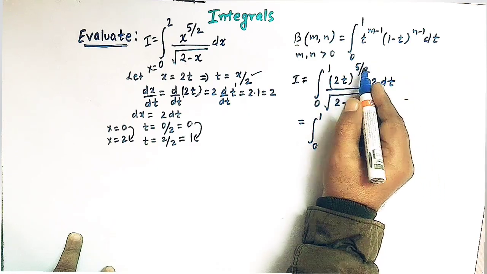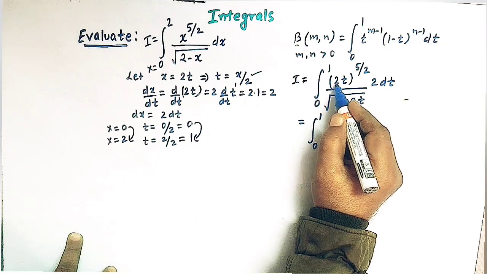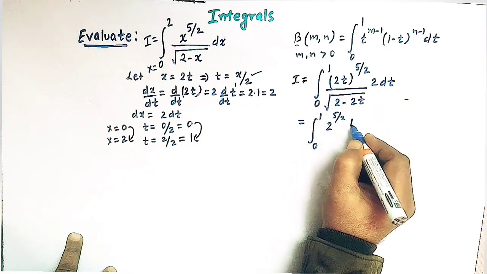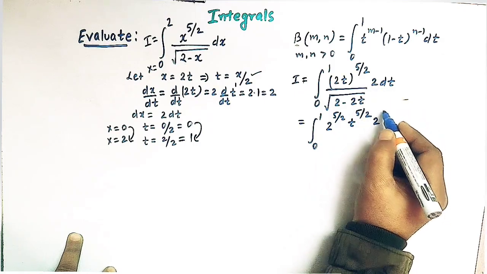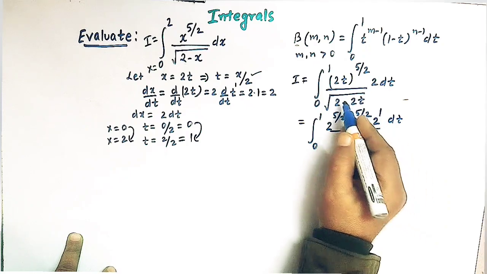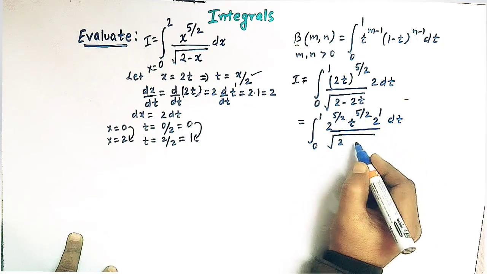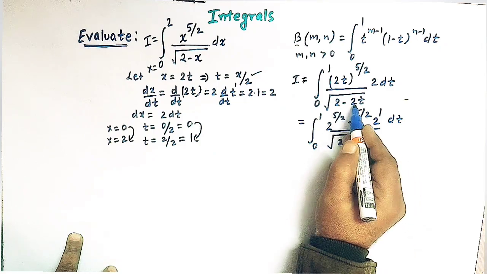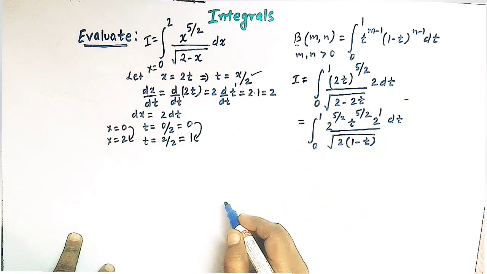So we can now distribute this power, that is 5 over 2, on 2 and t. So we have 2 raised to 5 over 2 t raised to 5 over 2. Here we have 2 raised to 1 and dt, and in the denominator we have square root of 2 times 1 minus t, taking 2 common under the square root sign.